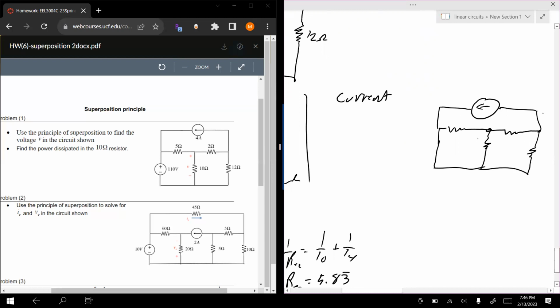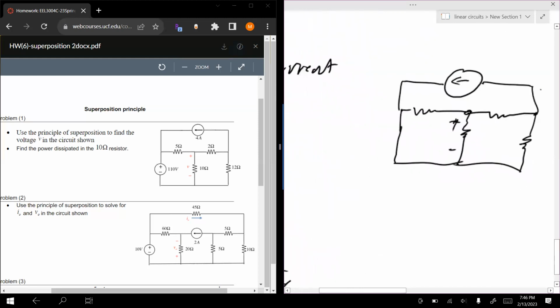Now, look at the signs again. This is the important part. If it won't zoom in like that, all weird. Okay. Plus minus, you have your voltage, 10, 5 ohms, 2 ohms, 12 ohms. For this one, let's label our nodes again.